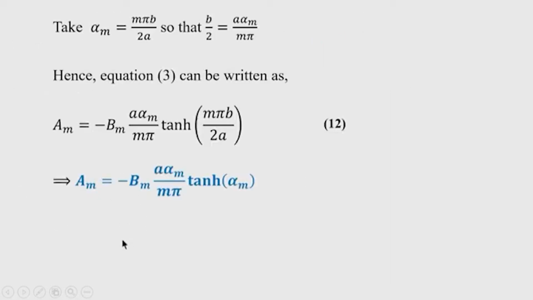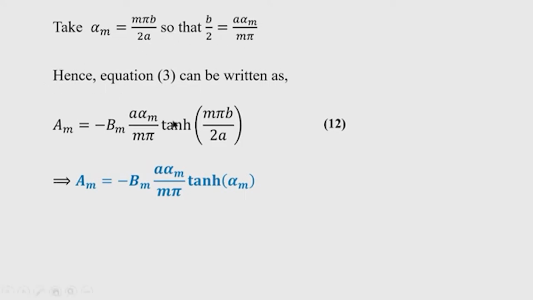So, we have to substitute this f x with this series. Now, let us see, we have substituted alpha m equal to m pi by b, so 2 a and b by 2 is equal to a alpha m divided by m pi, for some convenience in calculation, or to write the expression in compact form. There is no other intention.